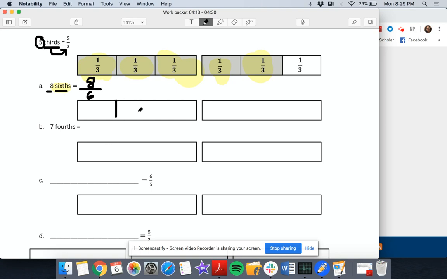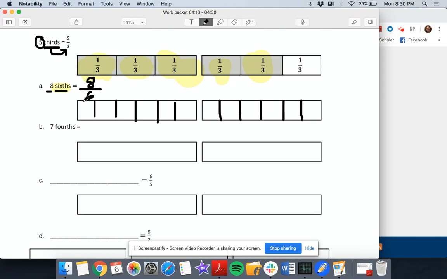So first, let's divide this into 6 strips. 1, 2, 3, 4, 5, 6. Let's divide this one into 6 equal strips. There we go. 1, 2, 3, 4, 5, 6.